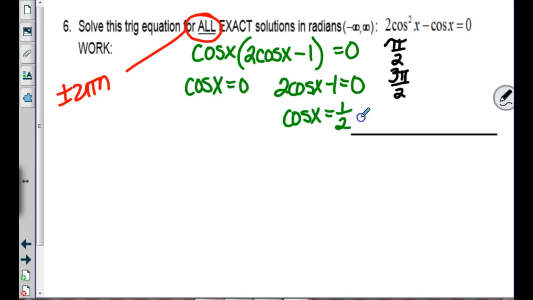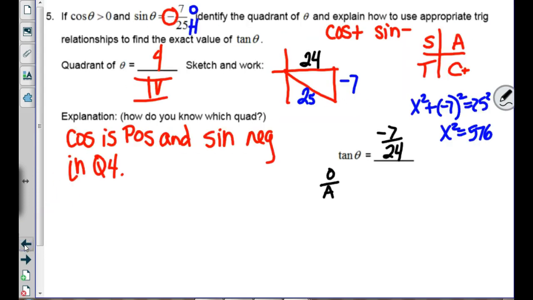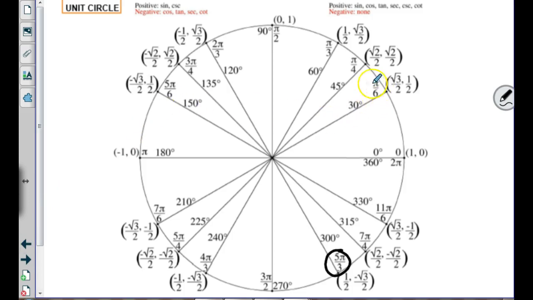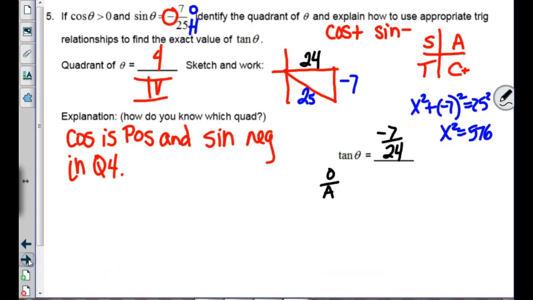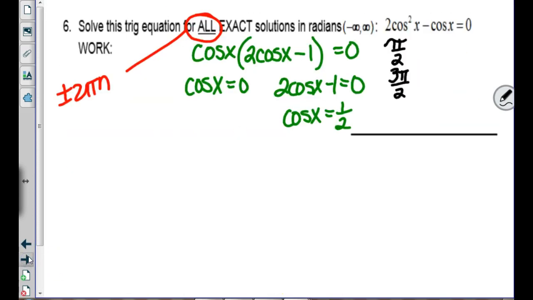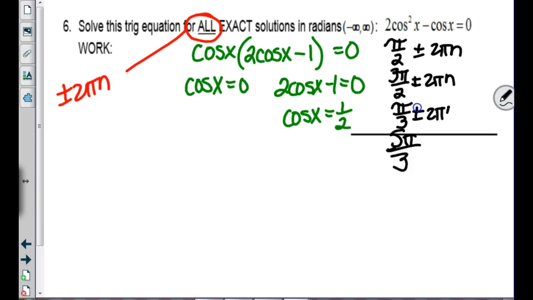And then the cosine is 1/2. Cosine is positive 1/2 at pi over 3 and 5 pi over 3. Very careful that you're looking at the right one. And then all those need a plus or minus 2 pi n unless you're going to write them in a shorter way. The last two, there really isn't a shorter way to write it.